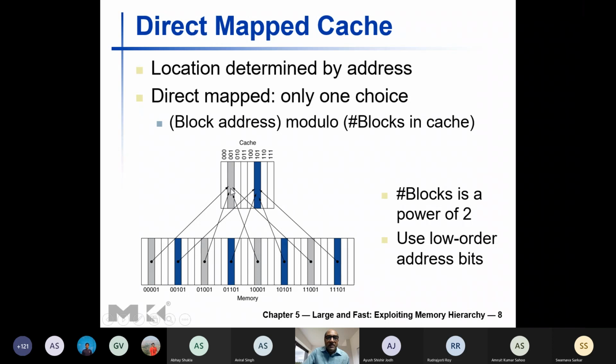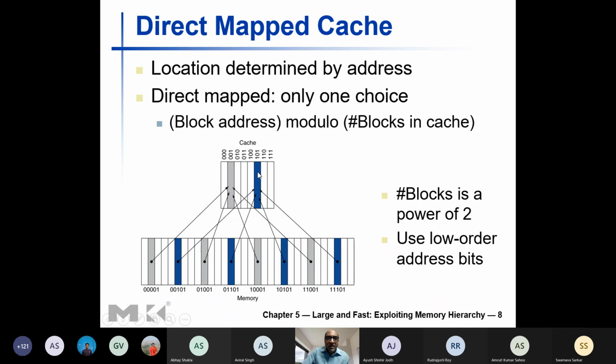That means out of these 4 words, only one word can be placed over here, depending upon the CPU requirement. Suppose some other word is required, then this word has to be replaced, and you have to place the other word. So whatever the physical address of these particular words, all of them are mapped to a separate unique location in the cache.